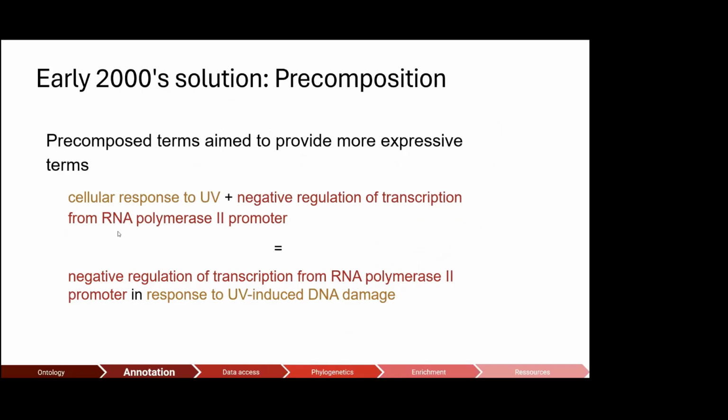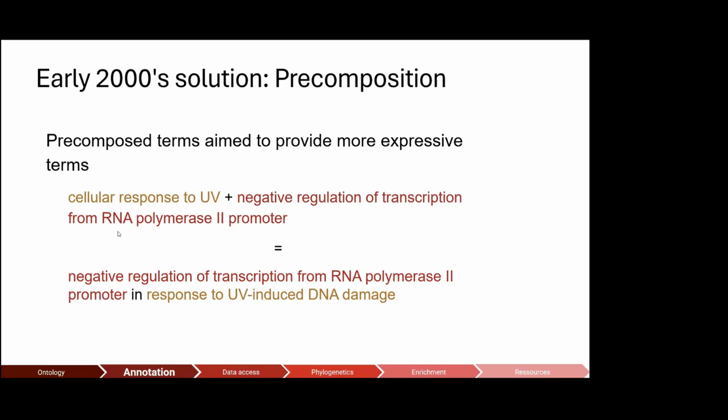And at the beginning of the 2000s, the GO Consortium thought that they could make some composed terms to better describe what's happening. For instance, you have cellular response to UV plus negative regulation of transcription from RNA polymerase 2 promoter, that will lead to the creation of a new GO term, which is negative regulation of transcription from RNA polymerase 2 promoter in response to UV-induced DNA damage.